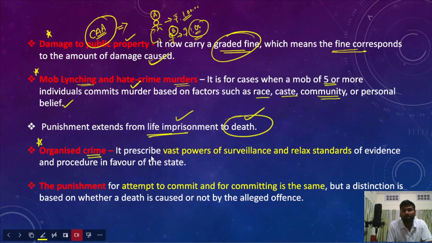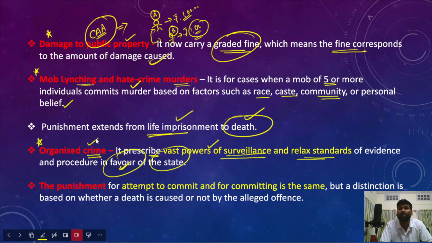It prescribes vast powers of surveillance, and it also talks about relaxation of standards of evidence and procedure in favor of the state. Okay, so whenever there's an organized crime, what happens? That gives a lot of surveillance powers to the state, and it also relaxes standards of evidence and procedure in favor of the state. So this is what the organized crime related provisions in the Bharatiya Nyaya Sanhita Act are.